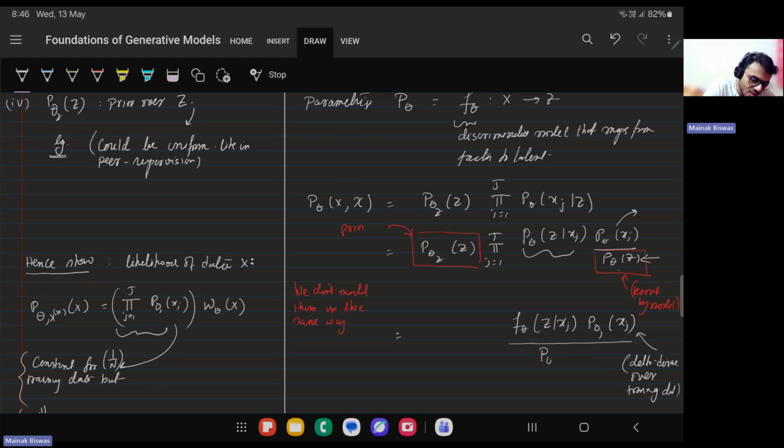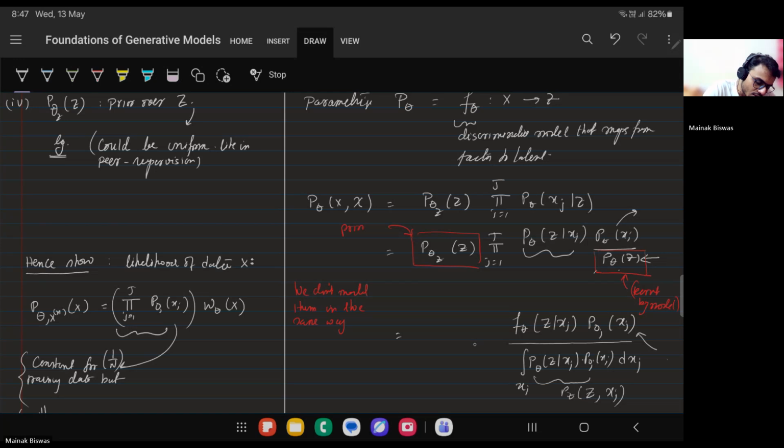And I'll have an integral of p theta of z given xj into p0 of xj dxj. This is exactly what z is. I'm just integrating xj out of p theta of z comma xj.